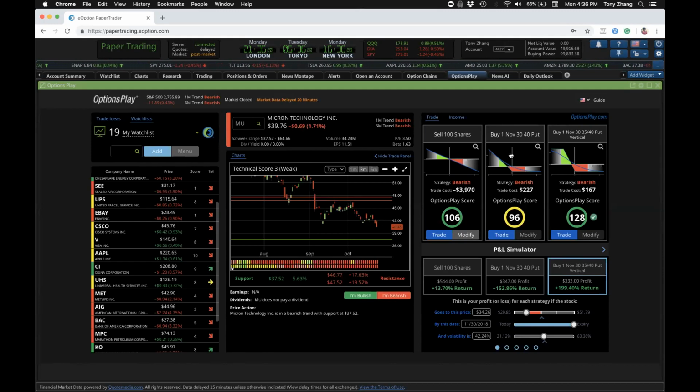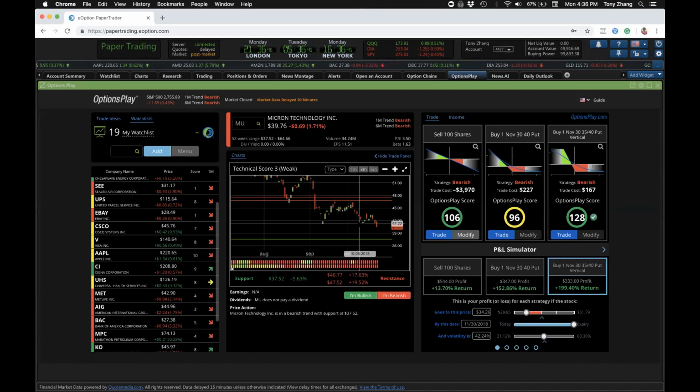And that's really why, if you're bearish on a stock, put options essentially double the amount of trading opportunities that you have, because when you're a stock trader, you're only looking for bullish opportunities. When you're an option trader, you can look for bullish opportunities, bearish opportunities, even neutral opportunities. So you're really expanding the amount of trades that you can make, or the amount of opportunities you can try to take advantage of when you utilize options.